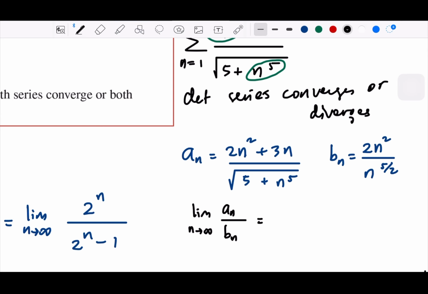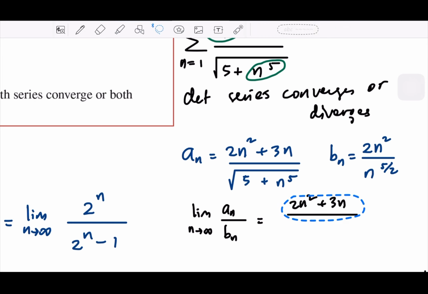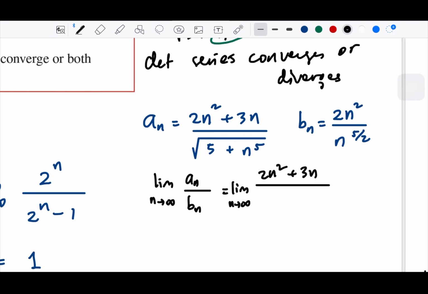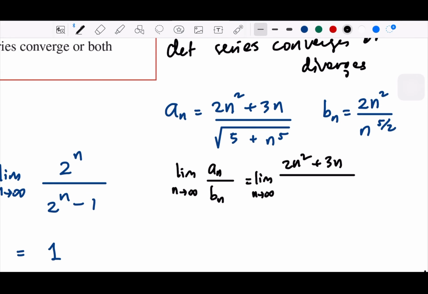So take the 2n squared plus 3n, but of course you need to have a good algebra for solving this problem. Or maybe let me simplify this first.